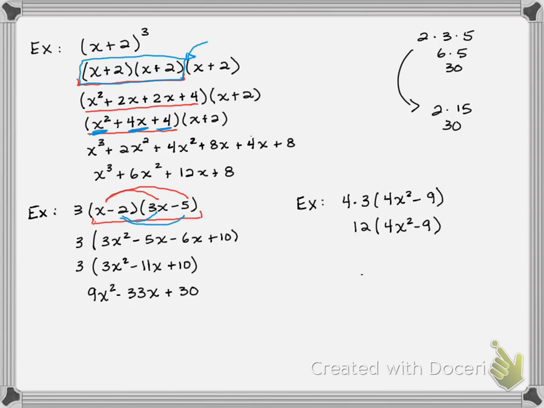I find that it's a little bit less work to multiply the ones that are alike first, so the monomials first, so then you're distributing just once. So then we get 48x squared minus 108.